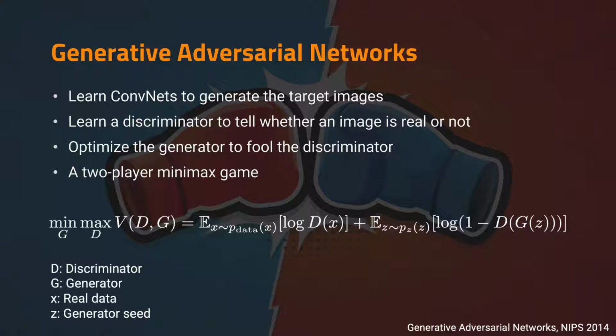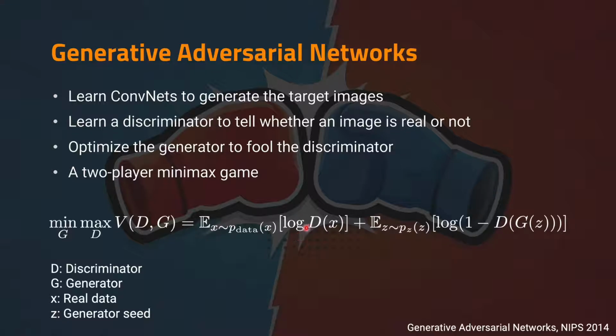We can summarize the whole idea in this equation. The first part is how we learn the discriminator. Given a data point in the whole data distribution, which means it is a real data point, our real image, we want to optimize the log likelihood of this data point in the output of the discriminator.